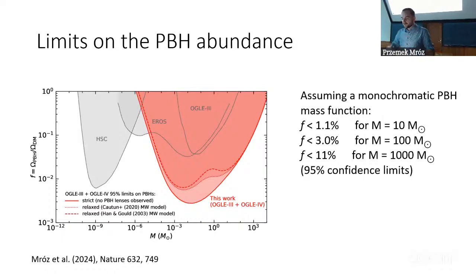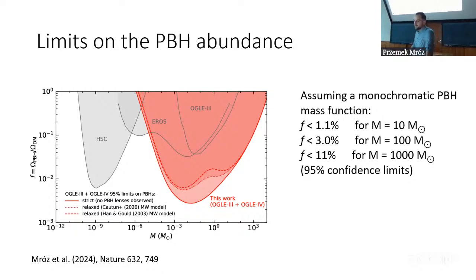We had no detection, so we could convert it into upper limits on the frequency of such objects in the Milky Way. On the x-axis, we have the mass of the compact object, and on the y-axis is the fraction of dark matter that may be made of such objects.